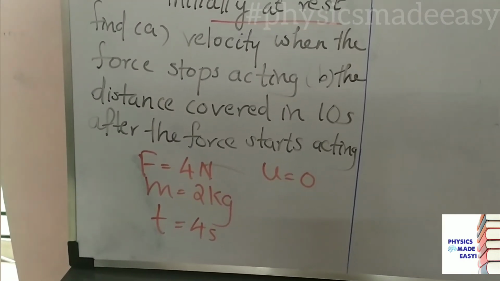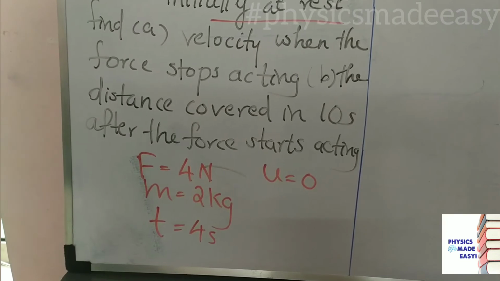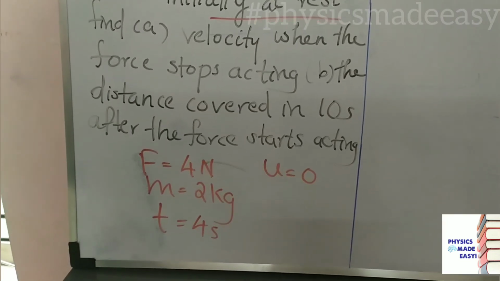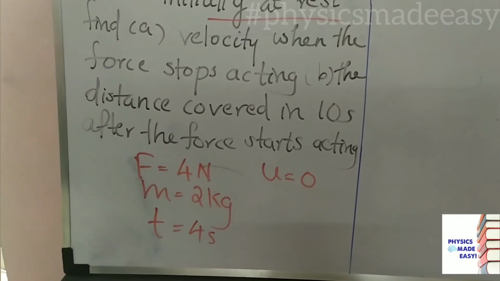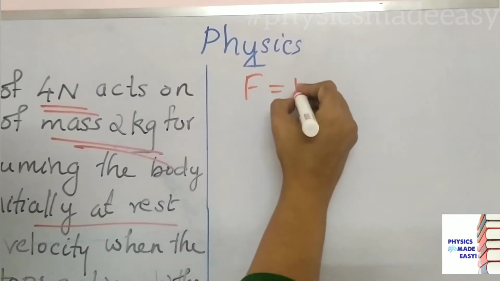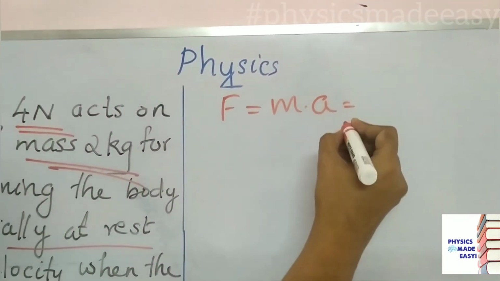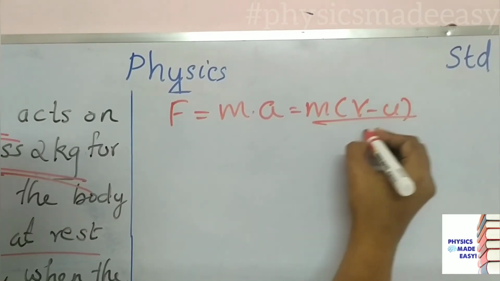From the equation of force, we can find the velocity when the force stops acting on that object. So here you can see F is equal to m into a is equal to m into (V minus u) the whole divided by t.